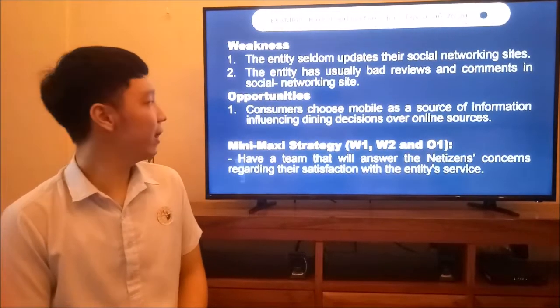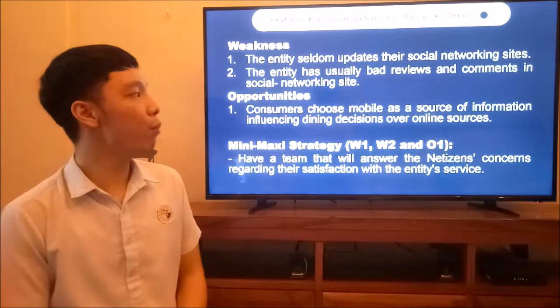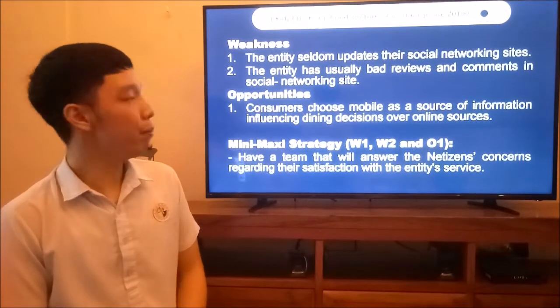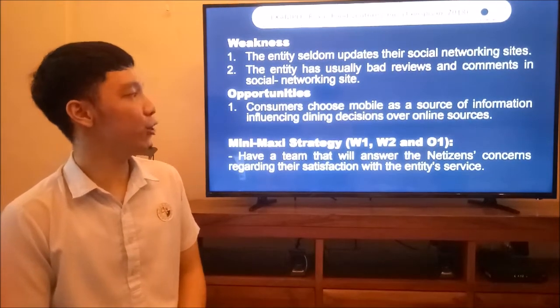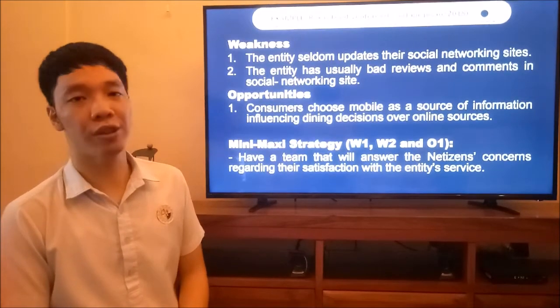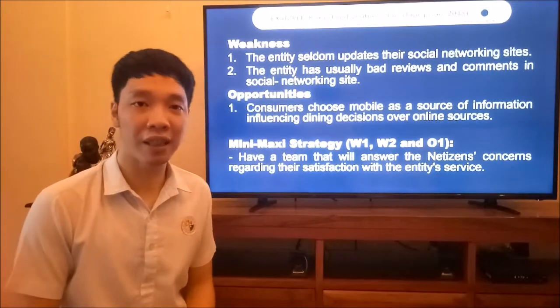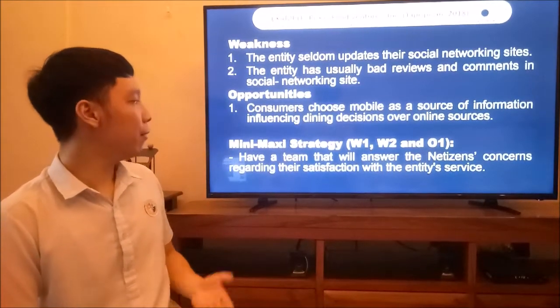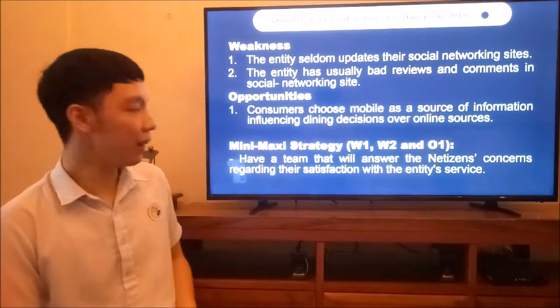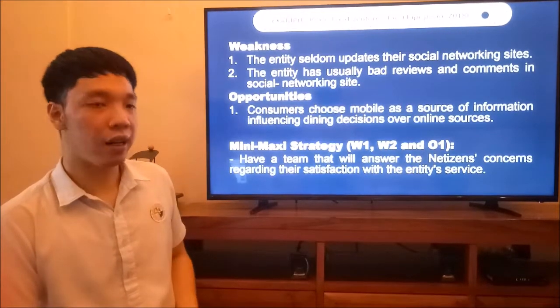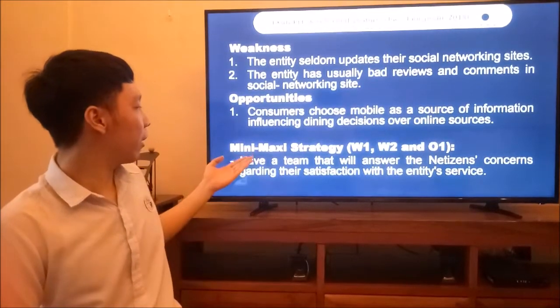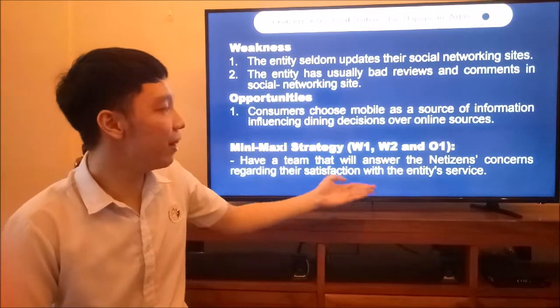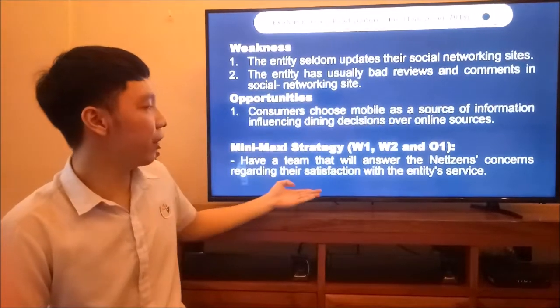Their opportunity is that consumers choose mobile as a source of information, influencing dining decisions over online sources. So, to formulate a Mini-Maxi strategy over these given weaknesses and opportunity, they have a strategy of having a team that will answer the netizens' concerns regarding their satisfaction with the entity's service.